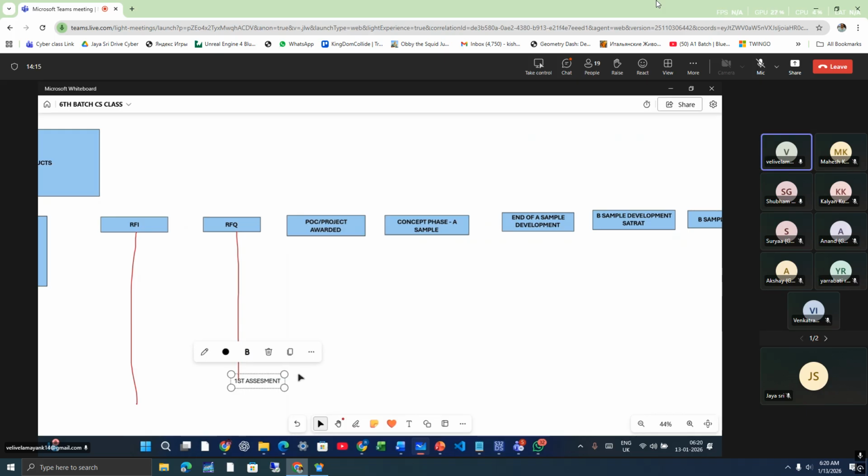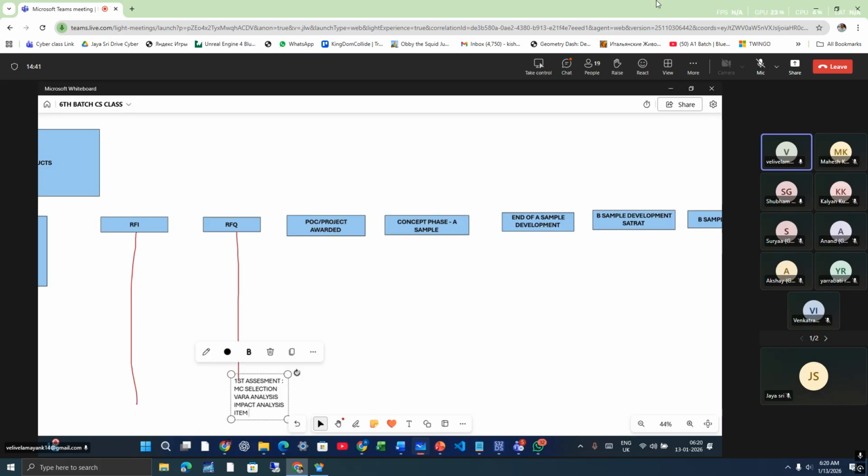Here, in the first assessment, you will check minimum things: your microcontroller selection, your TARA analysis, impact analysis, item.